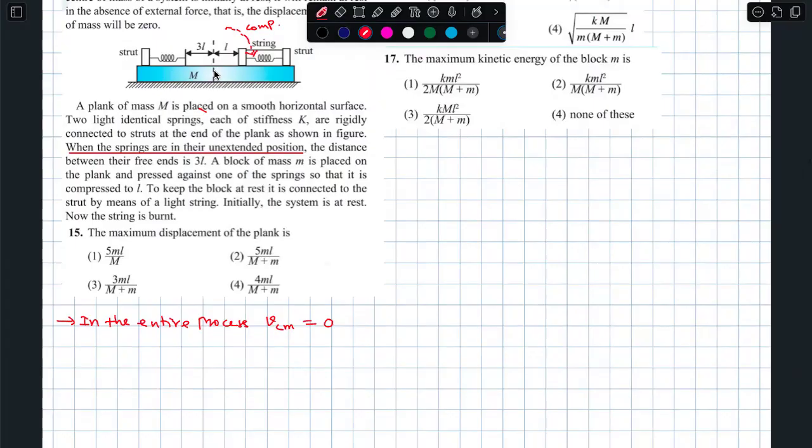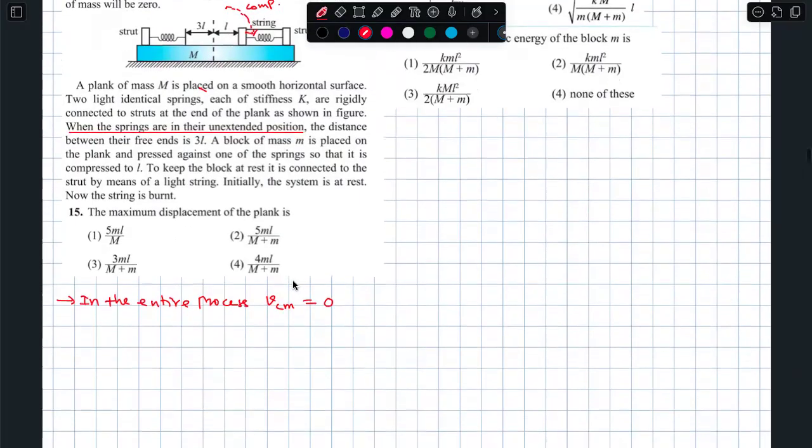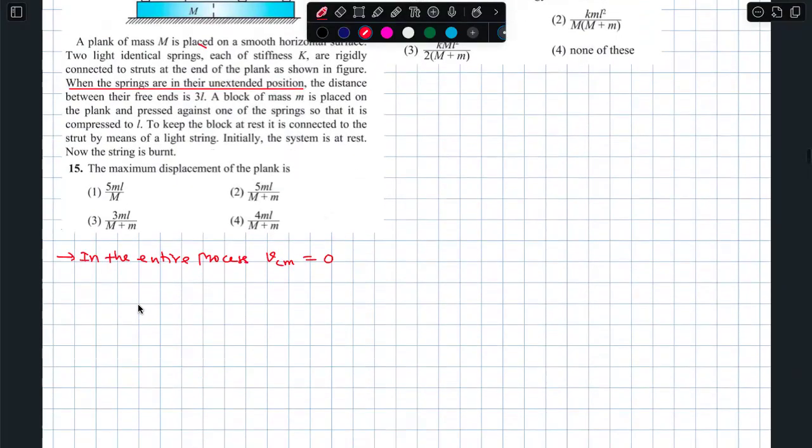Now, if you imagine that the spring is moving, if the lower block moves by X rightwards, or in other words, I'll use a different terminology for this.